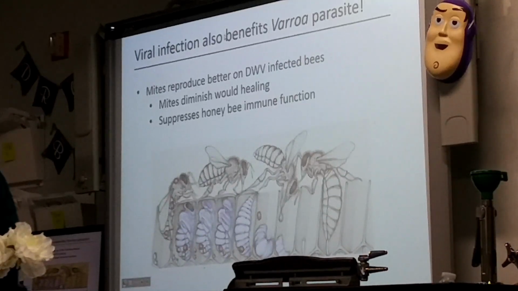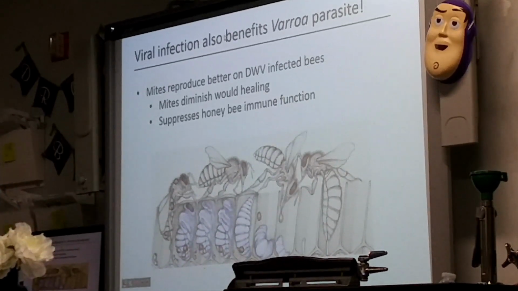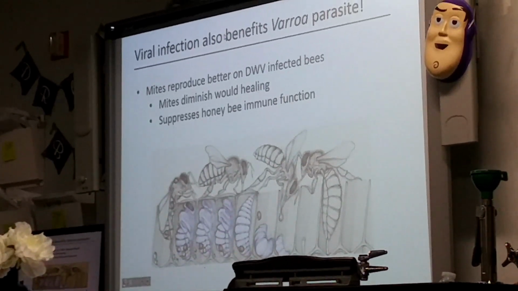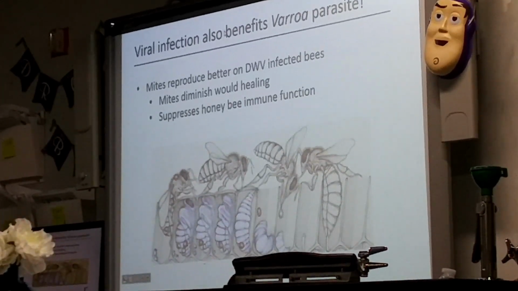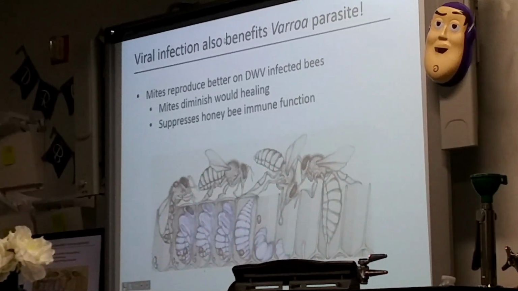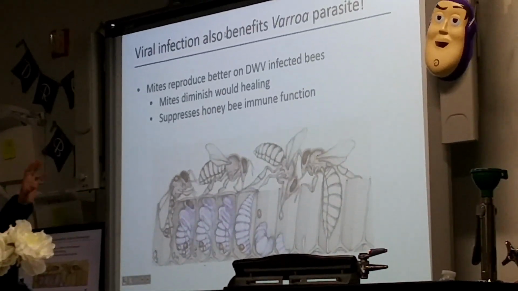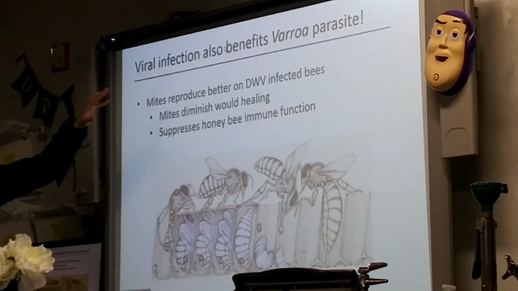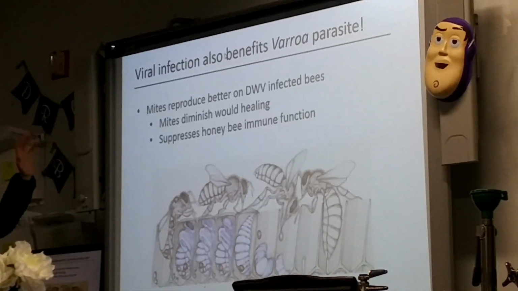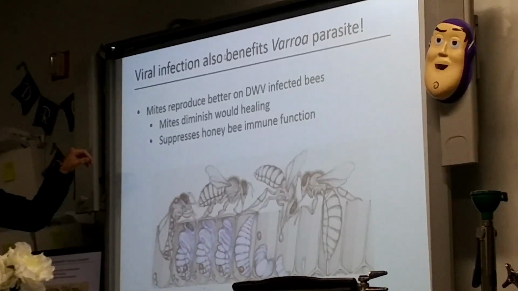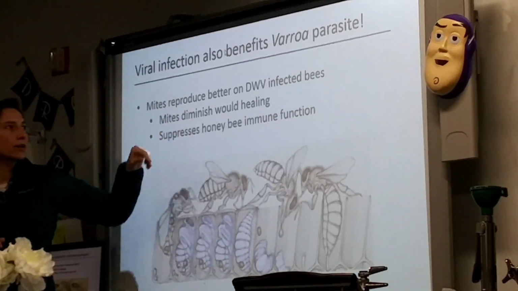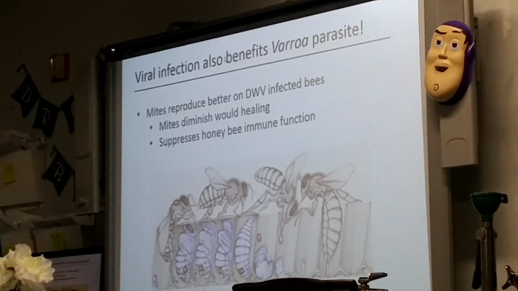Okay. As I mentioned, Varroa plays an important role in impacting transfer of viruses and also symptomology. But there's also a relationship in the other direction. So virus infection benefits Varroa mite production, which is terrible, but it's another example. So mites tend to reproduce better on bees that are infected with the deformed wing virus.